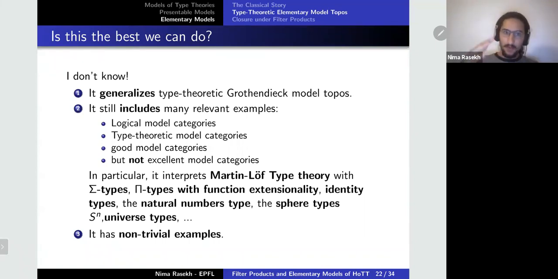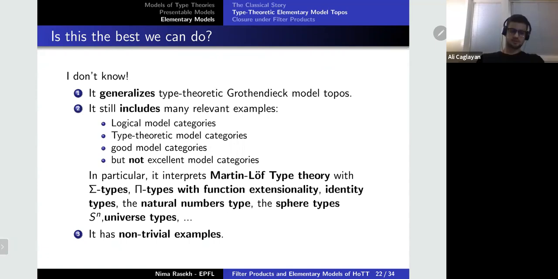But everything else still holds. So because everything holds, it still interprets Martin-Löf type theory with a ton of stuff. The things that don't work immediately are some of the higher inductive types, some of the infinite higher inductive types, they fall away. But a lot of the more classical types do still work. So you get a functioning model for type theory with some cool facts.